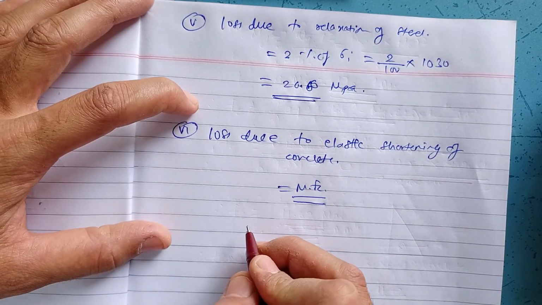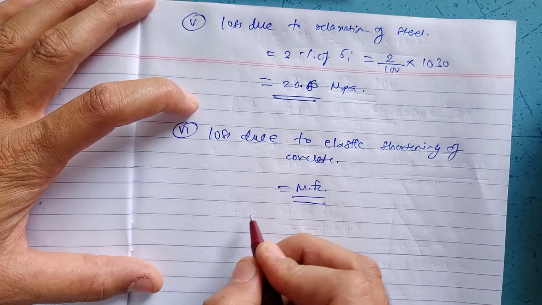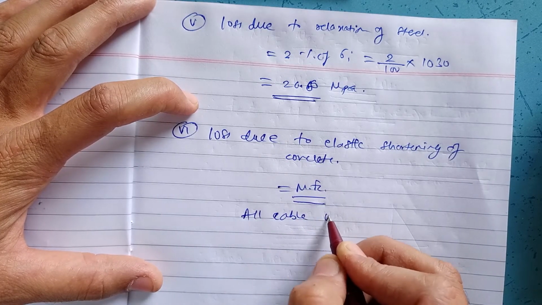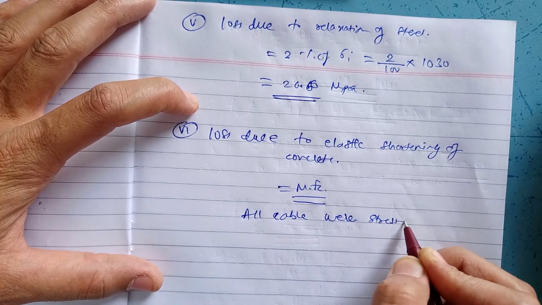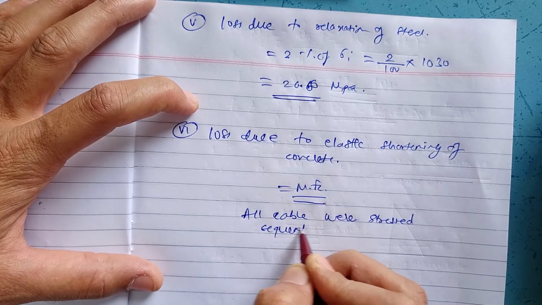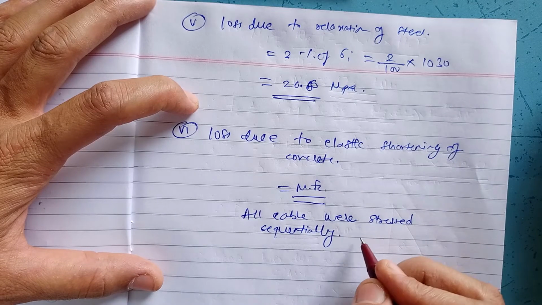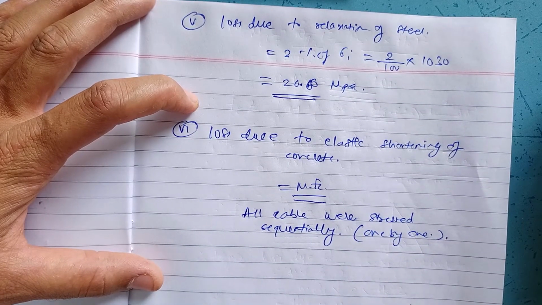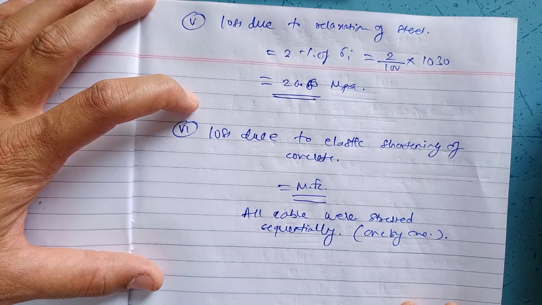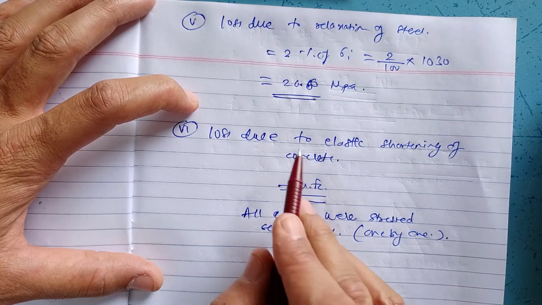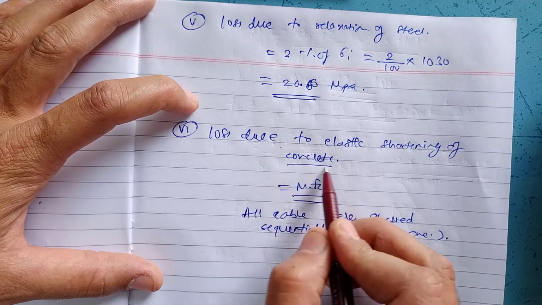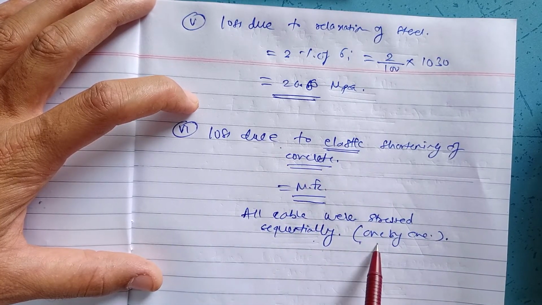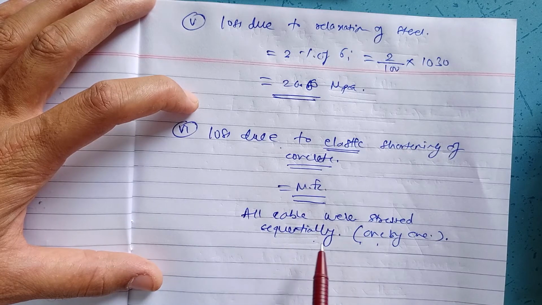Now keep in mind, in the question it was mentioned that all cables were stressed sequentially, that is one by one. In the previous lecture on the concept of losses, we have seen that in loss due to elastic shortening of concrete, if cables are stressed one by one, there will be maximum loss in the first cable.